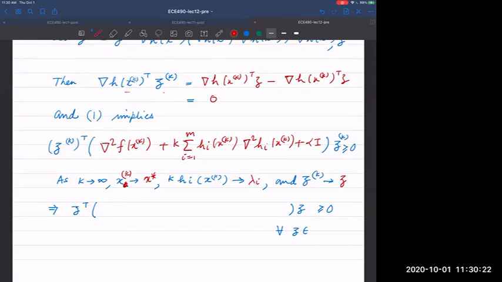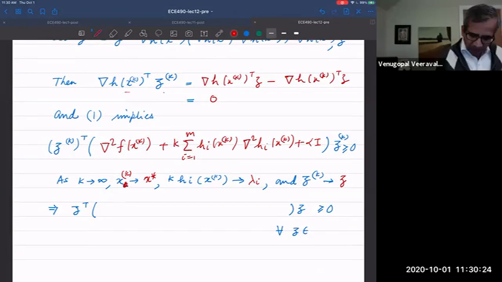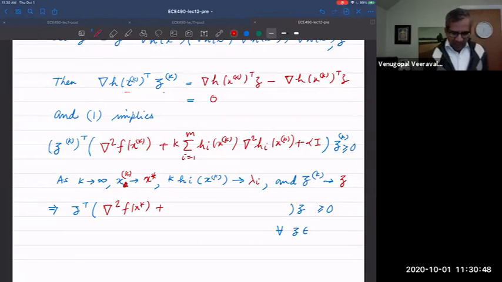All right. Okay. So let's put it all back in that equation, but take the limits in this equation essentially. So zk is going to z. This guy is going to the Hessian of f at x star, plus k times hi.